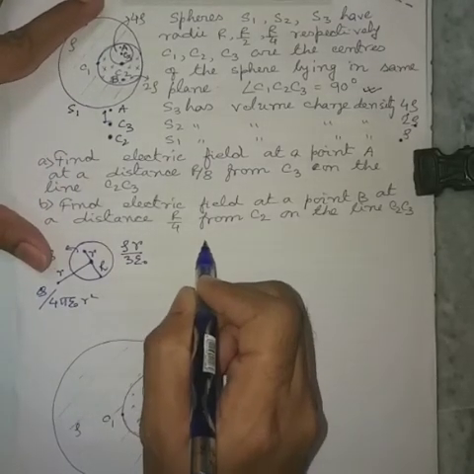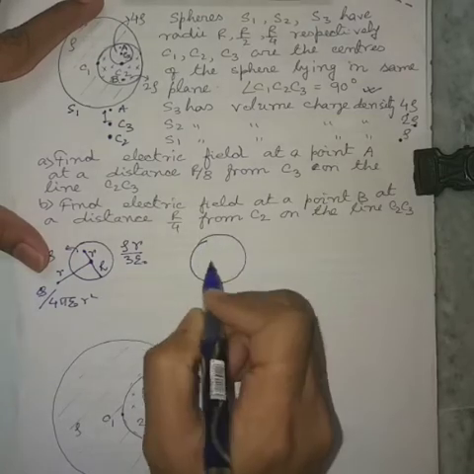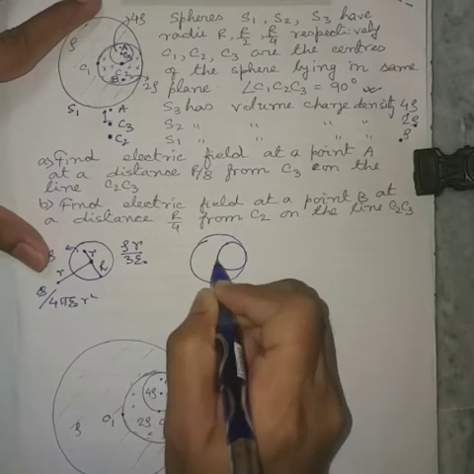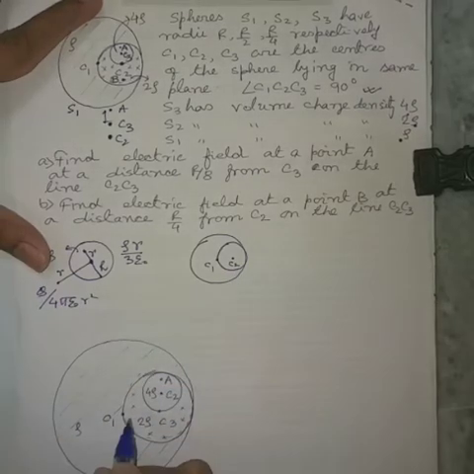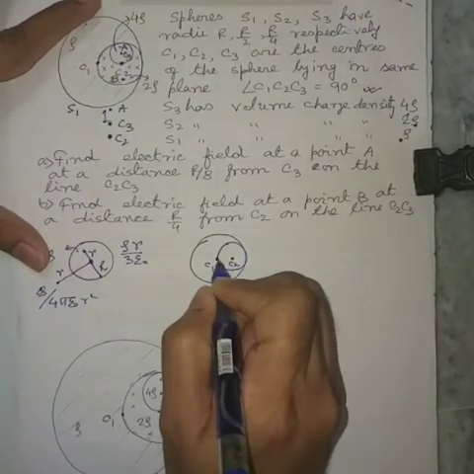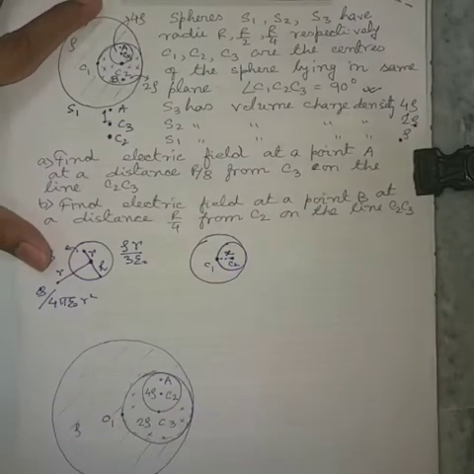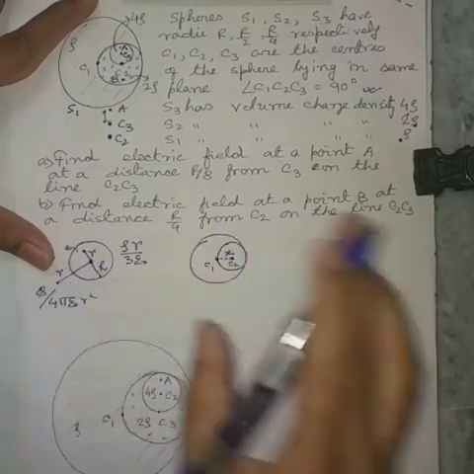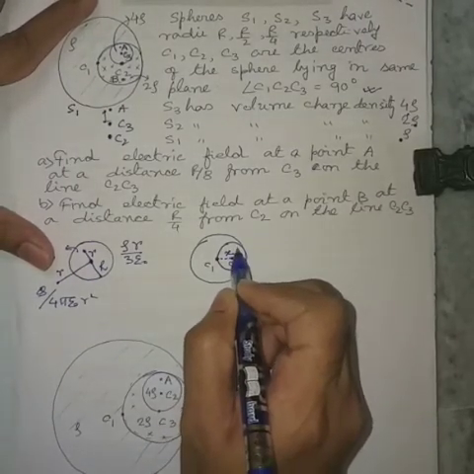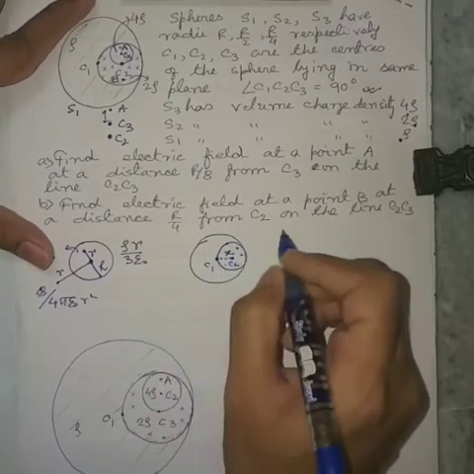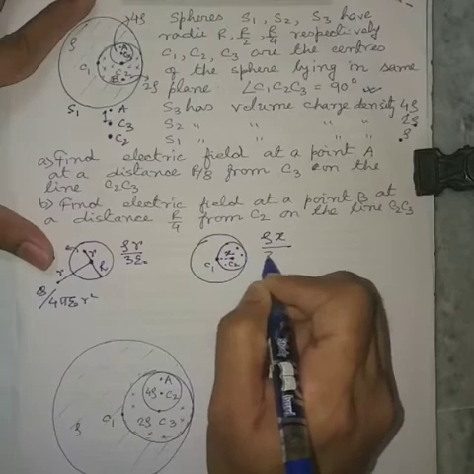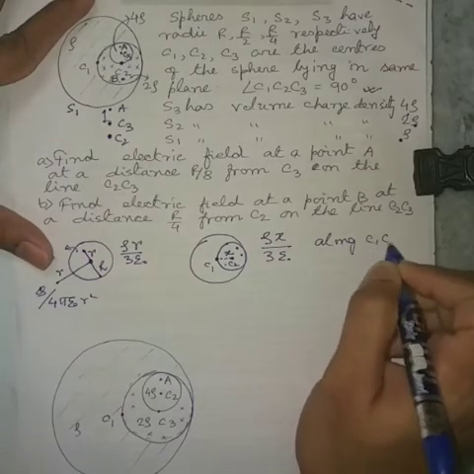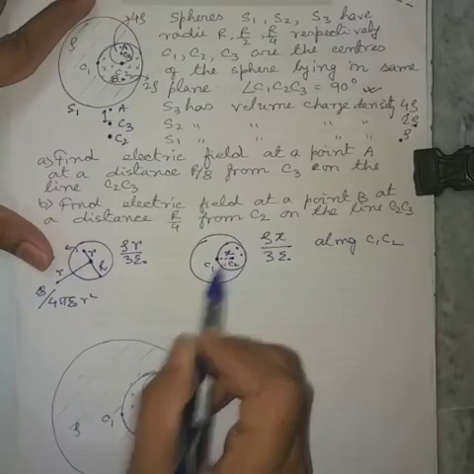Now remember this, if this is a sphere centered at C1 and there is a cavity inside the sphere which has center at C2, the distance between C1 and C2 is x, suppose, then electric field at any point inside the cavity, that may be at this point or this point or this point, any point inside the cavity, will be rho x by 3 epsilon naught, and it will be along C1 C2, that is, along the line joining the center of the sphere and the center of the cavity.